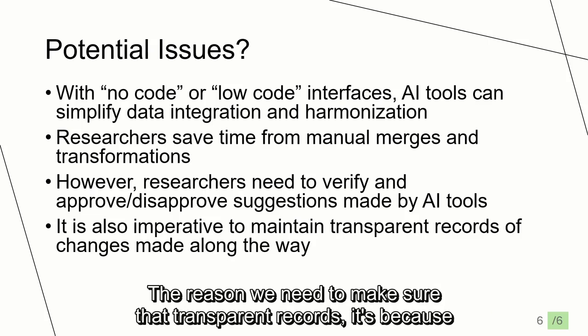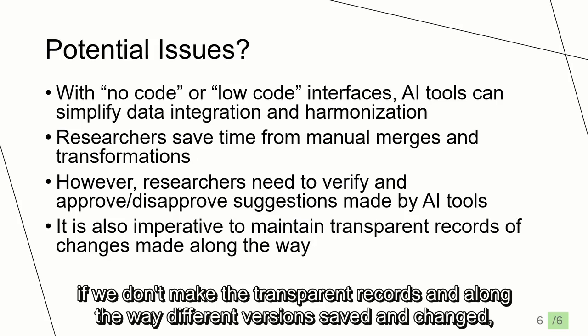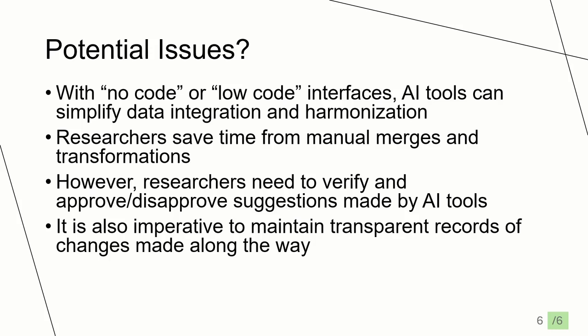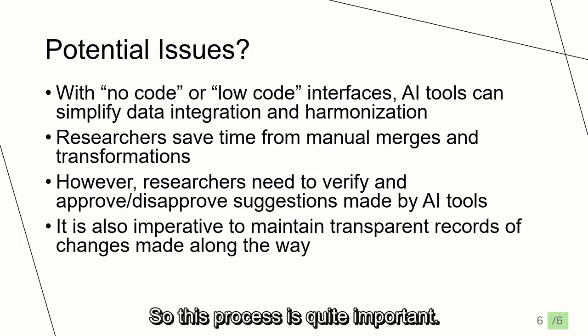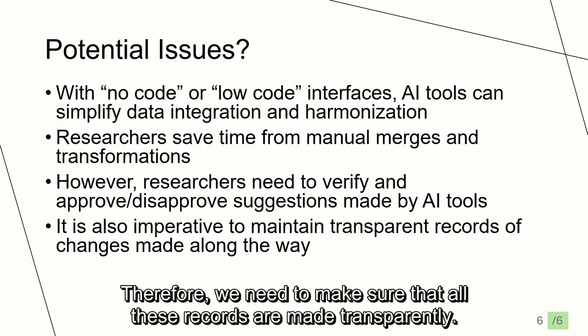If we don't keep transparent records, and along the way different versions are saved and changed, maybe we will not recognize what went wrong in the process. So this process is quite important, and we need to make sure all these records are made transparently.